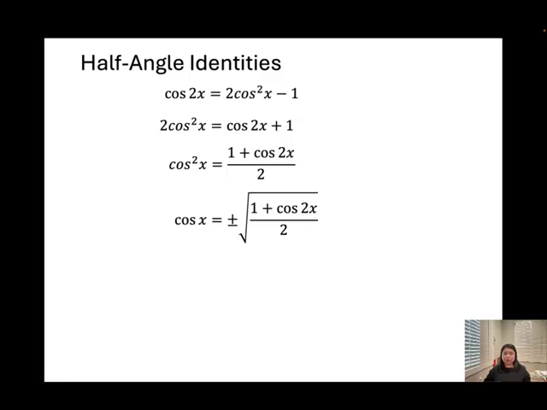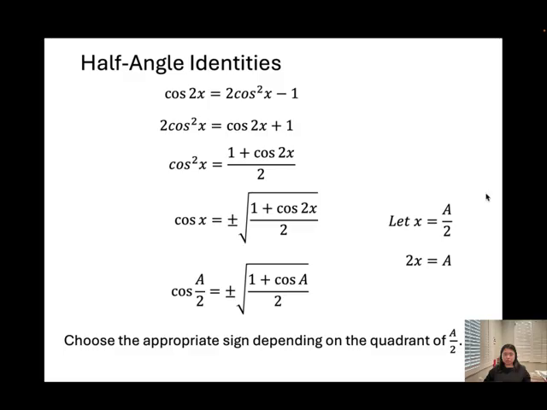Then we let x equal a over 2, so 2x is equal to a, and we plug it back into this equation. So we have a half-angle identity for the cosine. And again, the sign depends on the quadrant of a over 2.